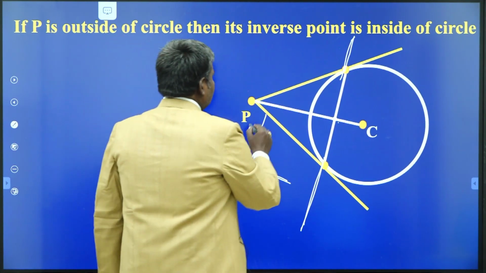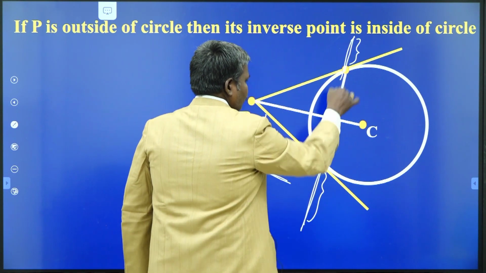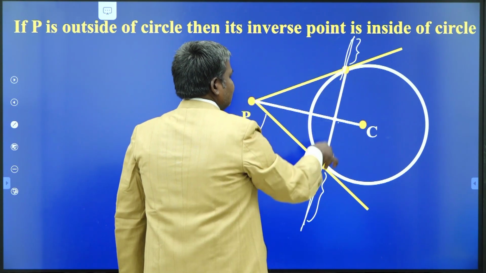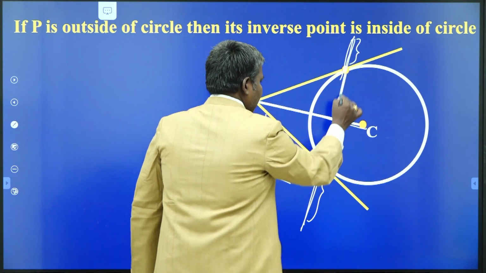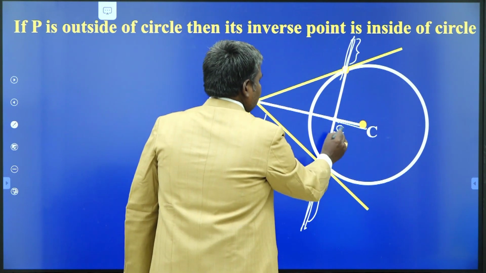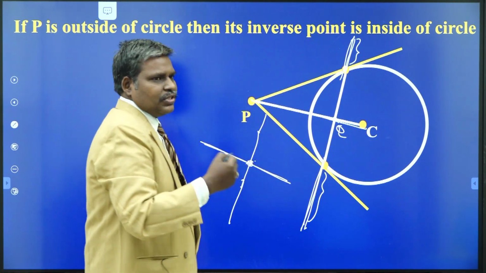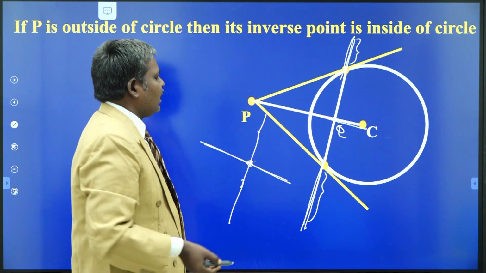So if you want to write the polar of P itself, this is the polar. That's all. There is no line from here to here itself. But we are solving CP with the entire line. This is the inverse point. So without confusion, take the entire chord of contact and solve with CP, and we get the inverse point.